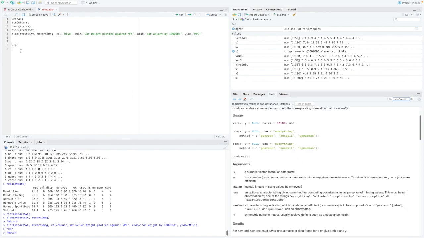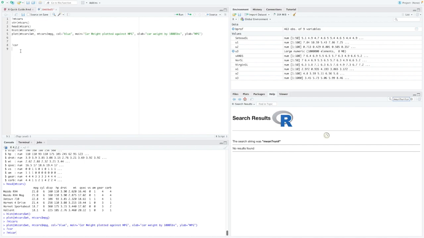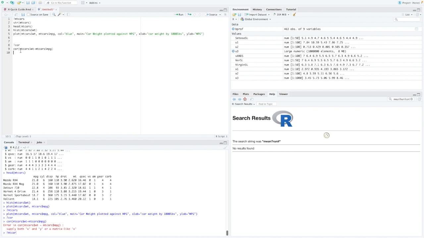So if I do the correlation of the weight of cars by the miles per gallon of cars, right? Error.